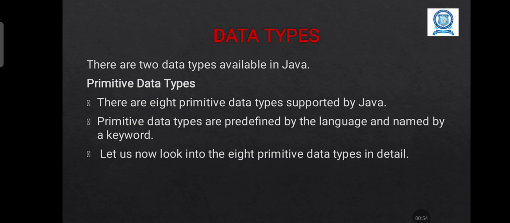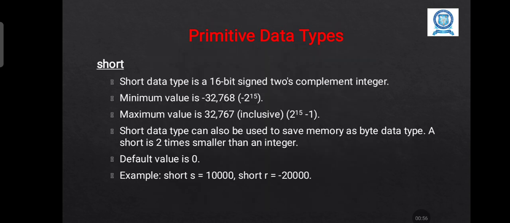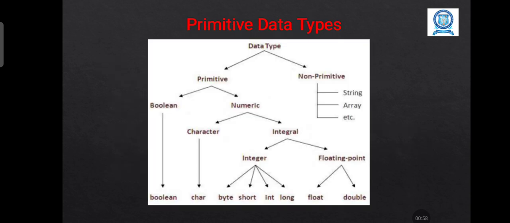In Java, we can classify the data types into two major categories: primitive data type and non-primitive data type. In primitive data types, we again have the classification Boolean and numeric. Boolean means it will only return true or false based upon certain conditions or features.